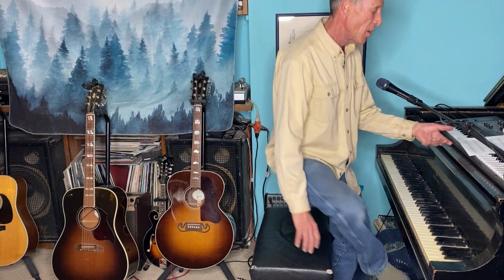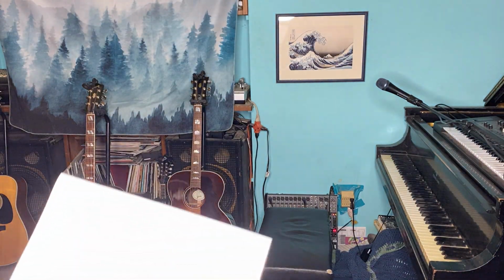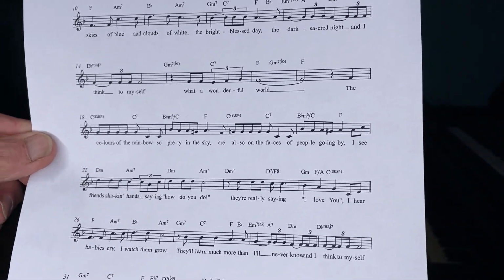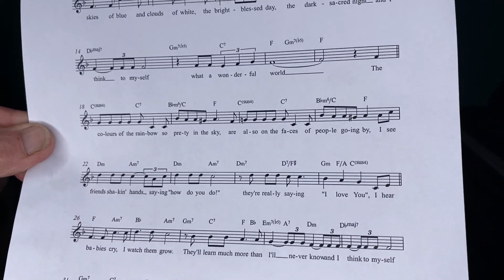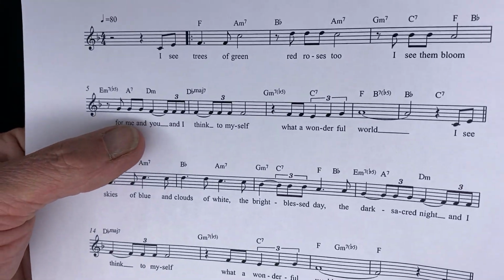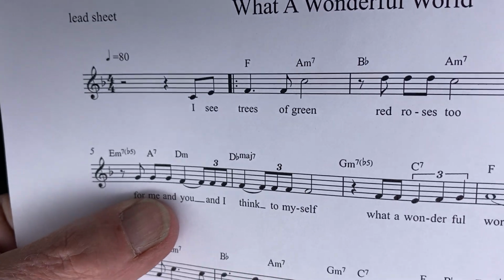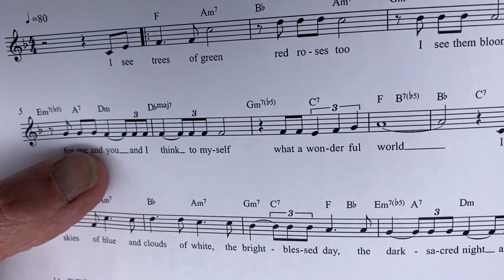So, we've had all three of the major ways that we've learned about using chords that are not in the scale. The first one is a secondary dominant. It's taking a 3 chord and turning it into a 7th instead of a minor 7th.